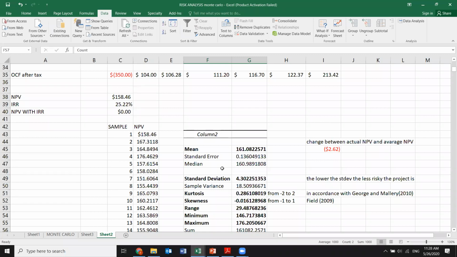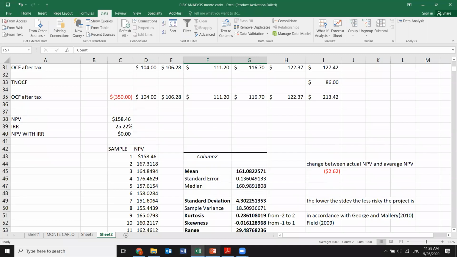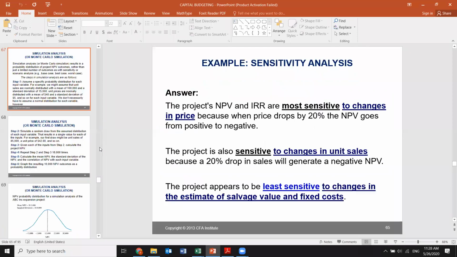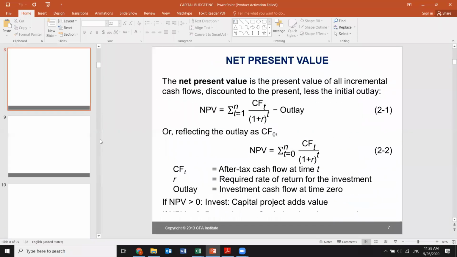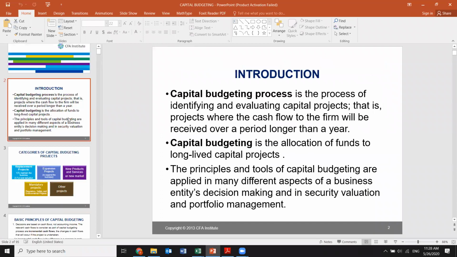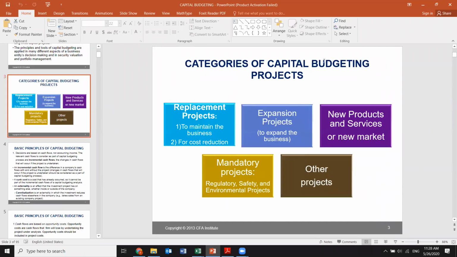The project can be, as you remember, at the beginning of the class, I explained to you the categories of capital budgeting. One is the replacement, the other is the expansion of the project. The third one is new products, and there are some mandatory projects related to governmental requirements. However, now we are dealing with the expansion and new products.